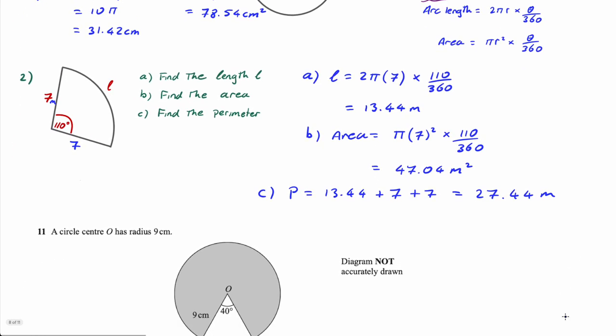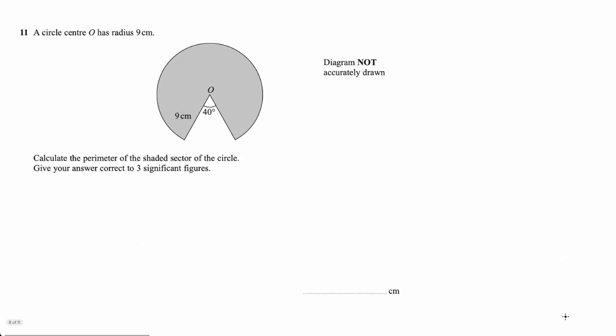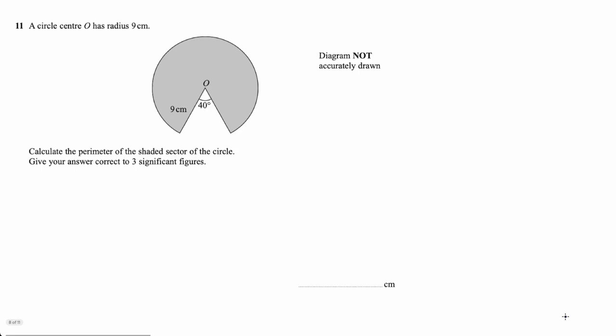Obviously, they can ask difficult questions. This is a past paper. I actually couldn't find many past paper questions on this, guys, but this is one I did find. And it says find the perimeter of the shaded area of the circle. Okay, so you'll see straight away they've added a little sneaky thing to it, that if you use this angle, what you will get is this length here, which isn't what you want.